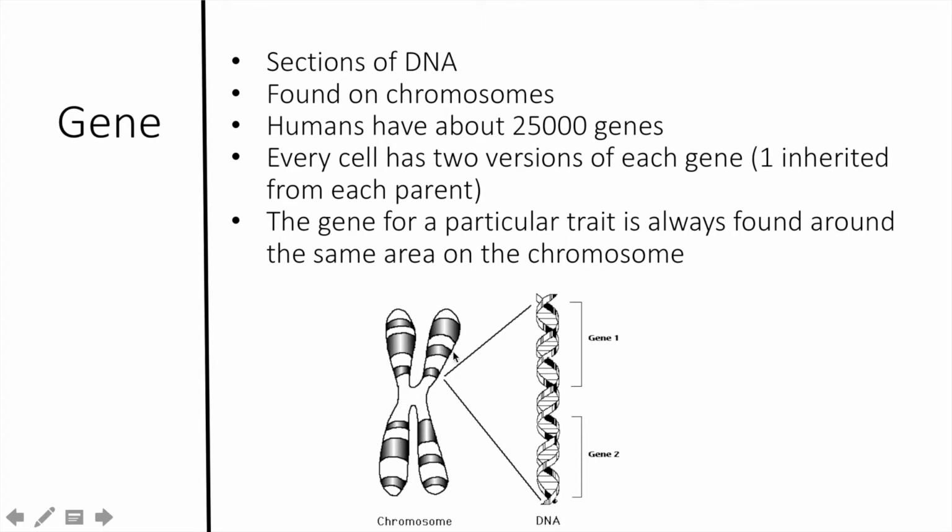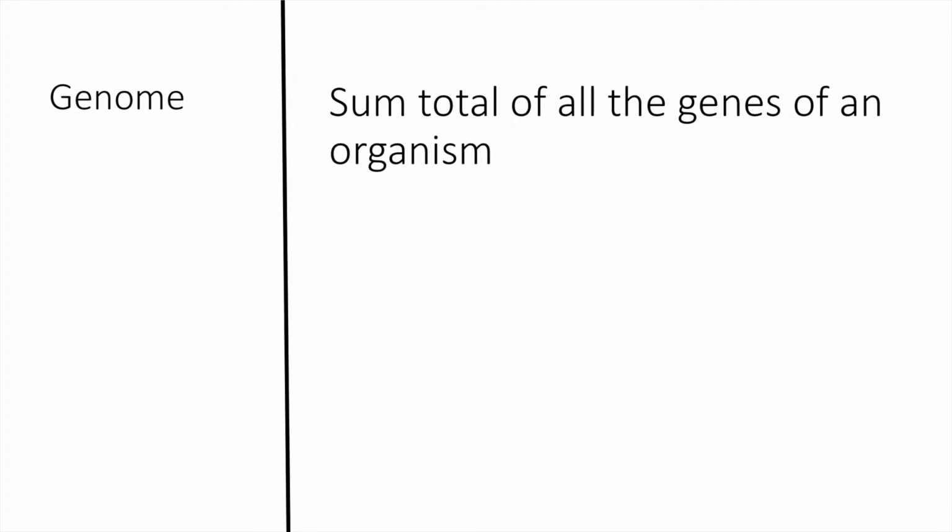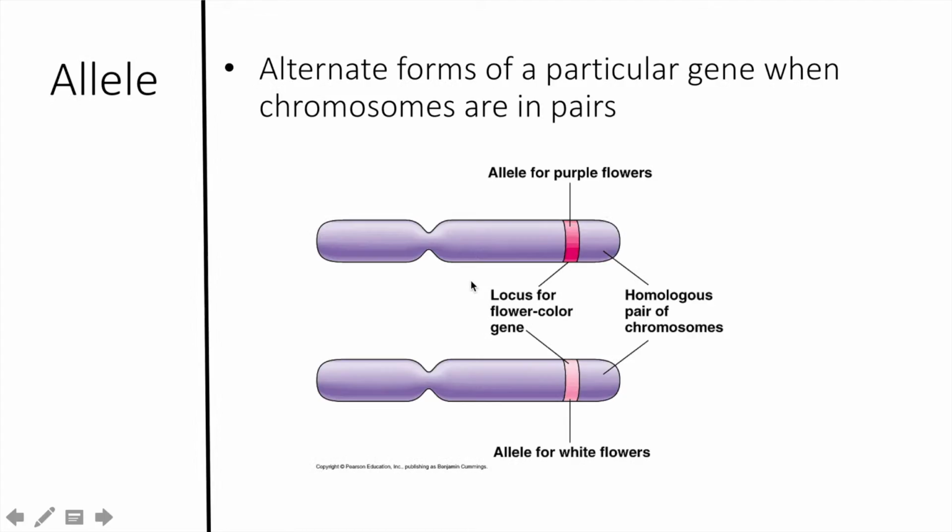And over here, notice that there are different genes within the DNA that will determine various other characteristics of that species. If we're able to map out all of the genes of one species, we would then have the sum total of those genes of that species, and we call that the genome.